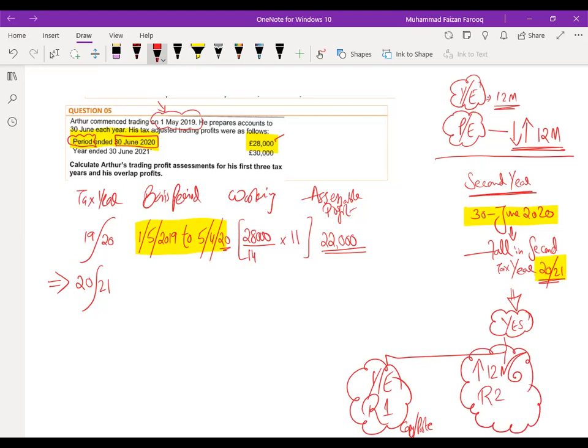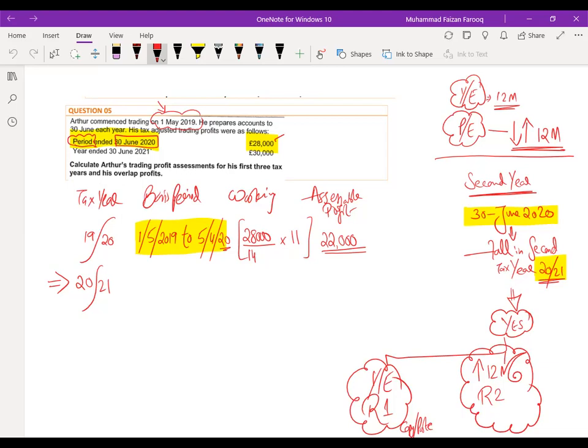The next rule, which we are going to learn right now, is rule number 2, which applies when your period end is more than 12 months. What is the rule for this one?